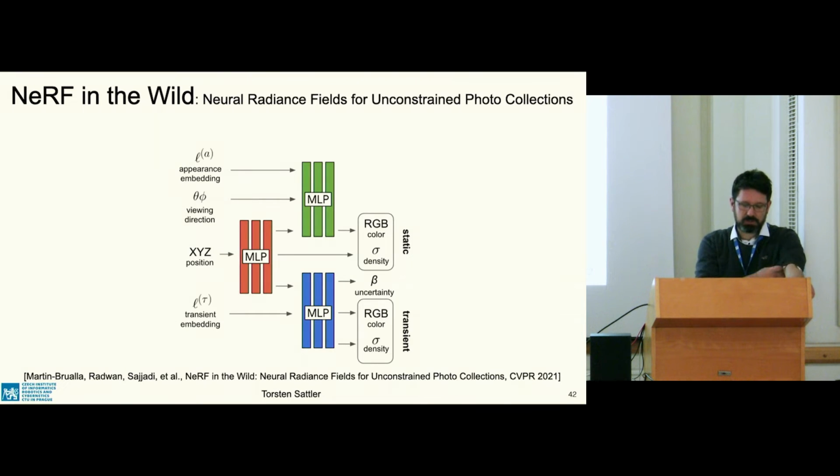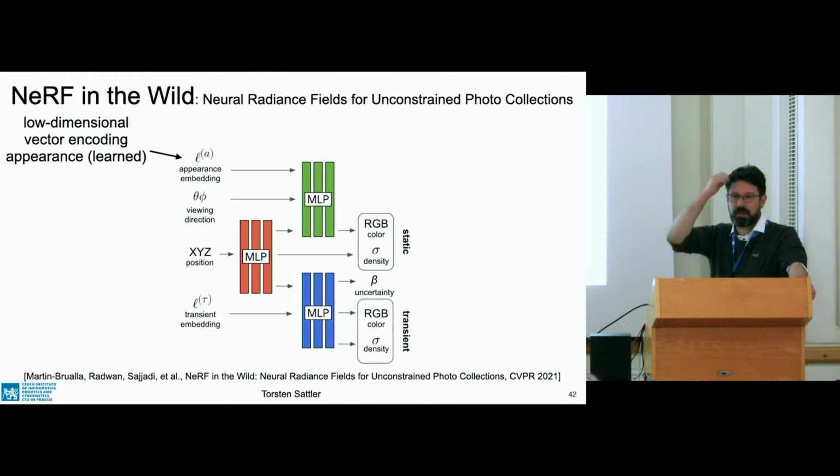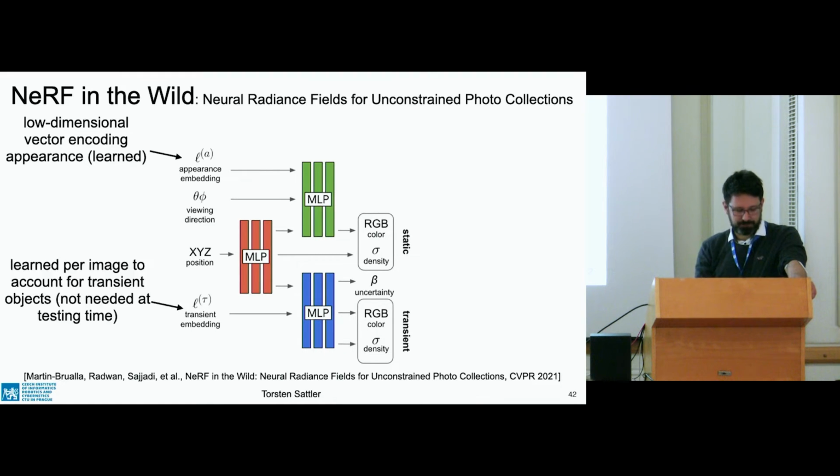The idea is that rather than just training a neural network that predicts density and one that predicts color, you're training something called an appearance embedding, which is, again, think of it as a feature in a relatively low dimensional space that encodes the appearance of the image.